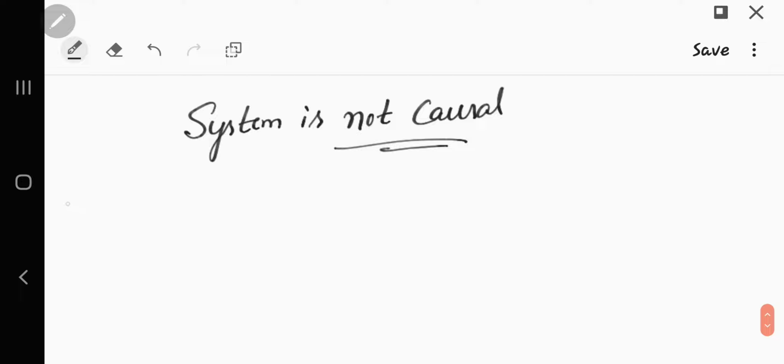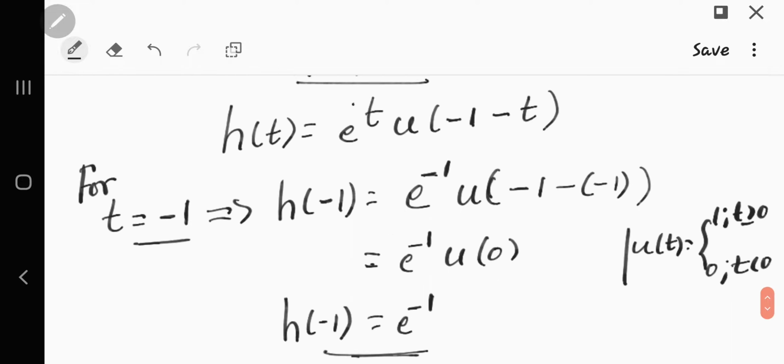Okay. The third one is memoryless. The condition for a system to be memoryless is that its impulse response should be of the form c into delta t.